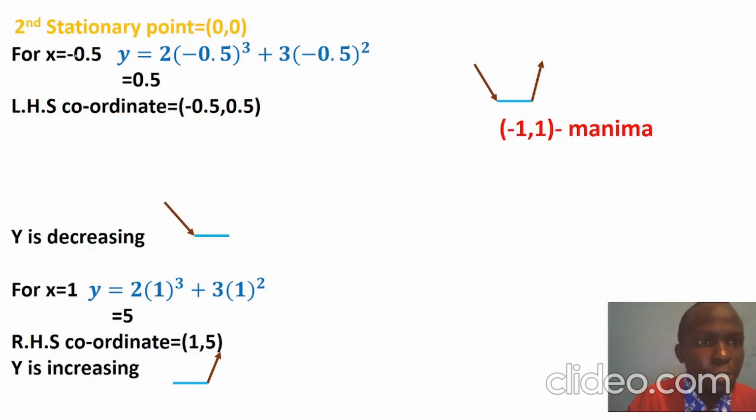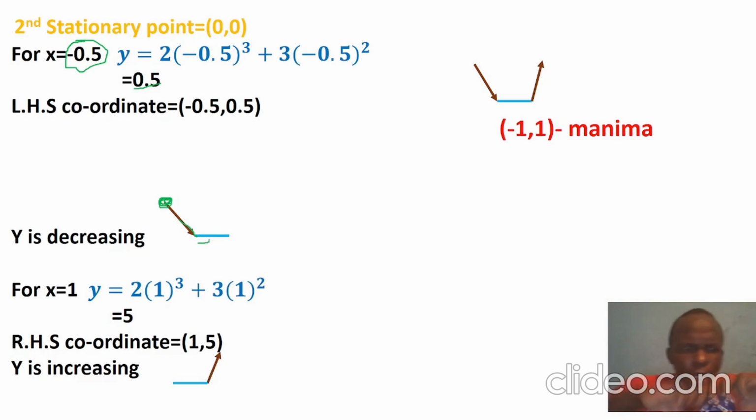For this next stationary point, we are also going to do the same substitution. Let x be minus 0.5, and then it will give us 0.5. So we see it's a decrease in nature, because it goes from minus 0.5 to 0, and this is flat. This is our turning point.